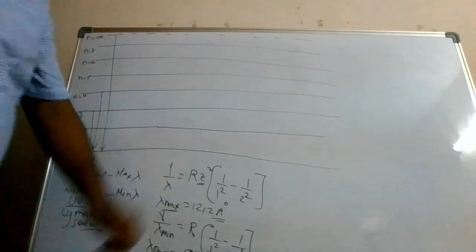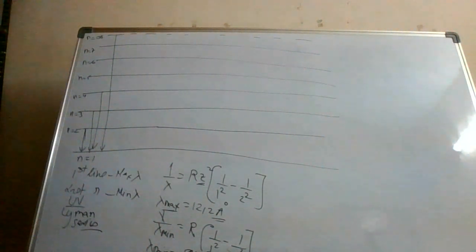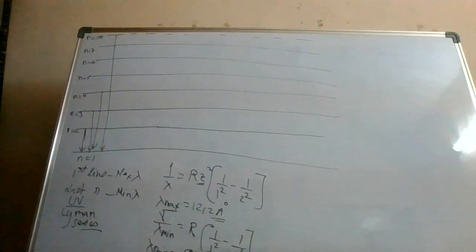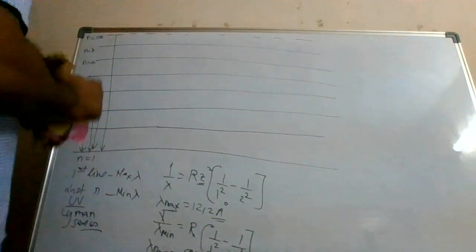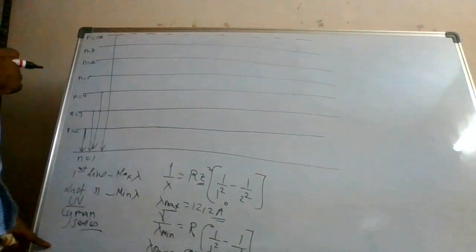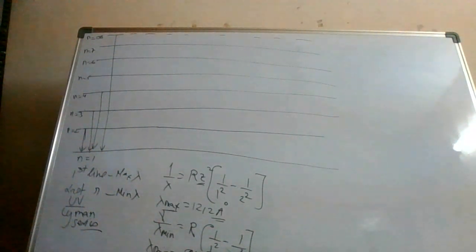You will get these values. I'm going to remove it, so just take a screenshot and note it down. So the first series we have discussed corresponds to the Lyman series. Similarly, suppose you go to the next series. Next series, what can happen?